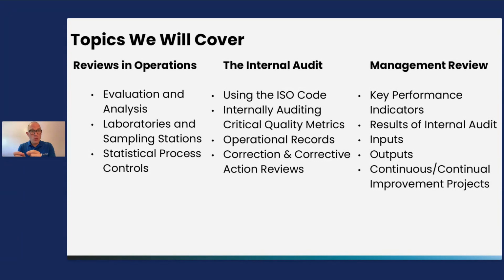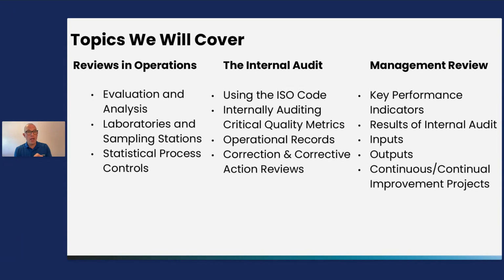Before we jump into the reviews and operations, one of the points that you will see in the center column for the internal audit is the critical quality metrics. This is a concept that I have brought forth in multiple webinars and in our video series about 9001. When we're talking about critical quality metrics, those are types of reviews and operations.